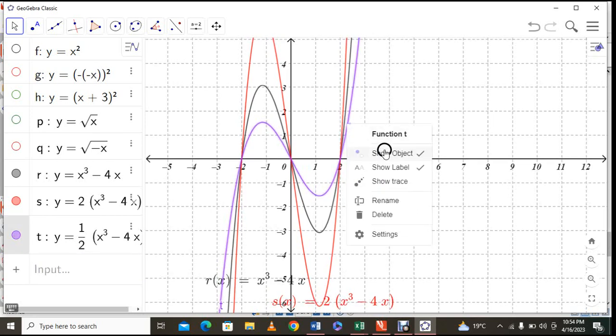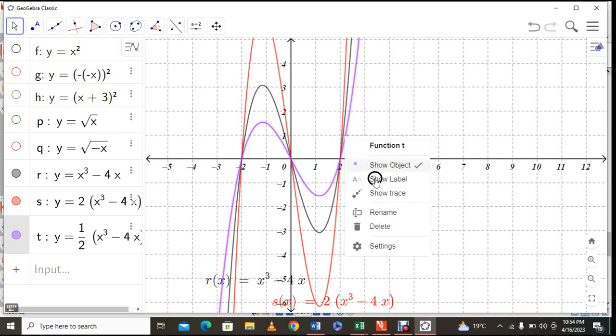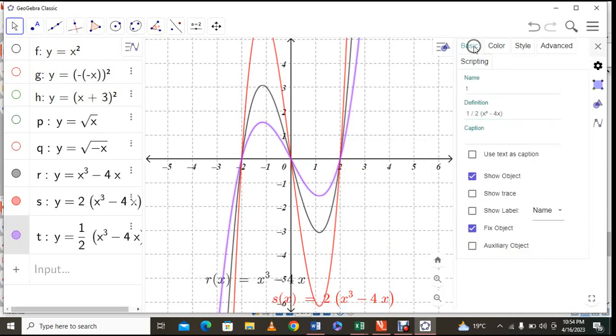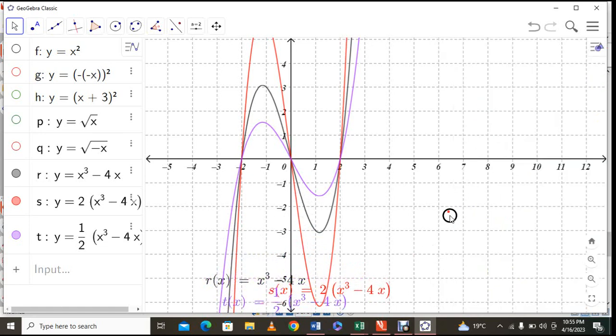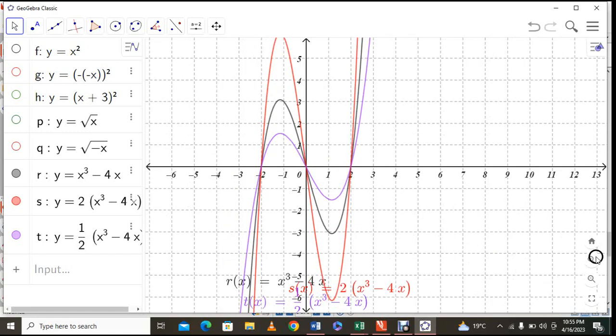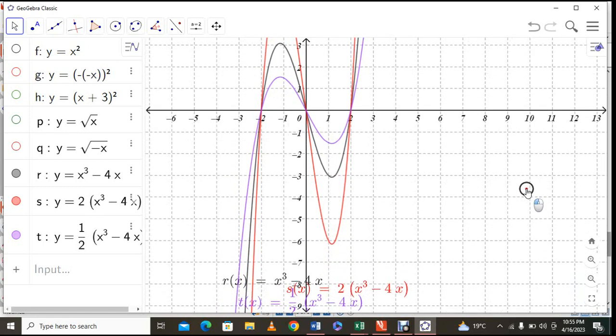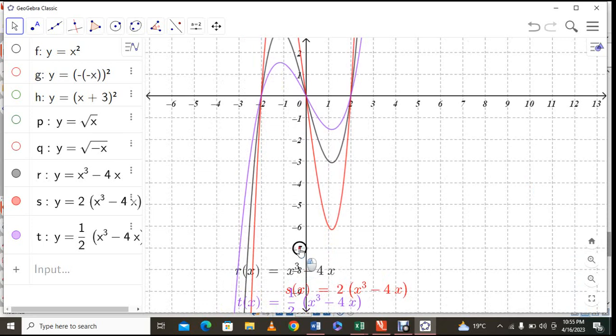So let's put the name and value. Good. Red is here, purple is here. Can't move it much, but you get the idea. If I was to move them along, the black one is there, the red one is there and the purple one. Can you see the purple one? That is because of the one half.